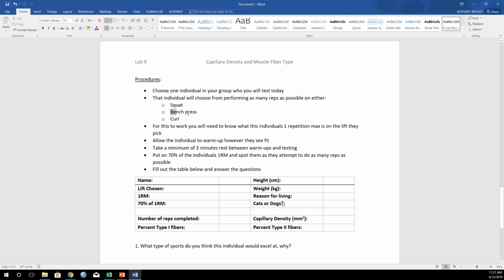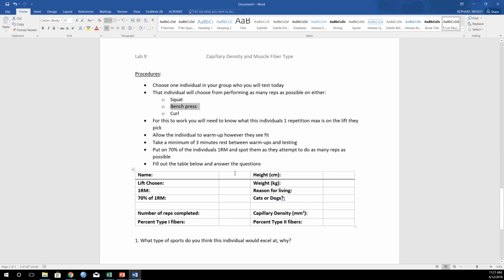For bench press, that's mostly going to be pecs, anterior deltoid, and triceps. If we did a bench press test on somebody, by no means does that say that the percent type 1 fibers we get there is indicative of the percent type 1 fibers in their legs. It can go all over the place. So that's something to keep in mind.